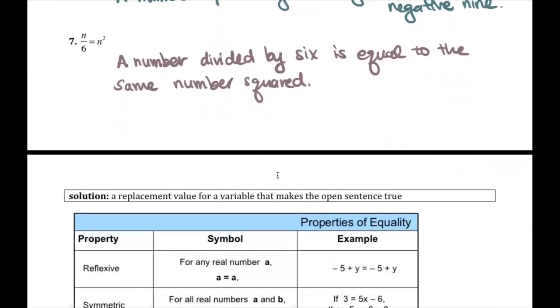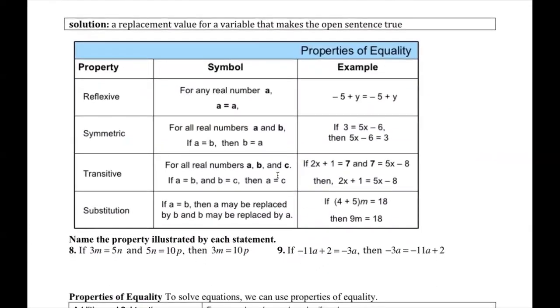All right, let's move on to the second half. Here we go. All right, so we're going to be talking about equations in the second half. So I do want to talk about this word solution because I think we throw it around a lot, but we don't actually know what a solution means in math.